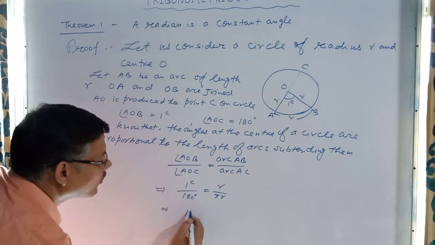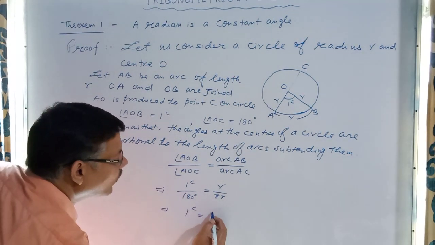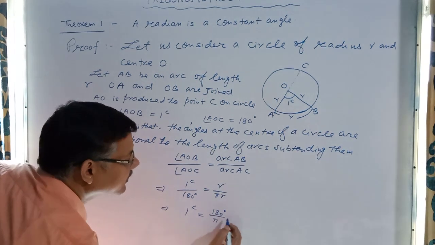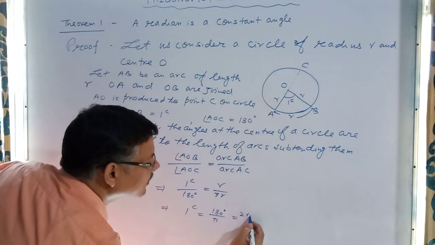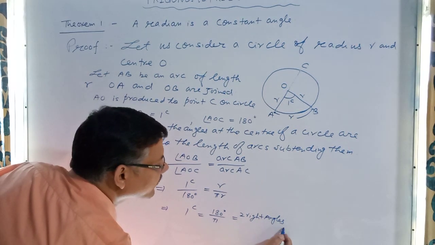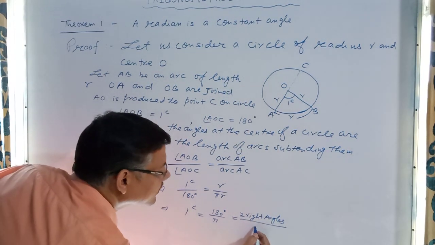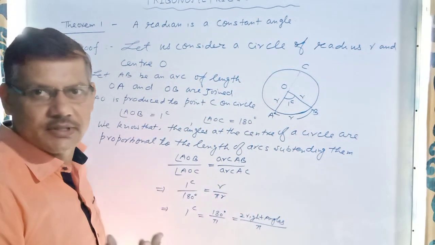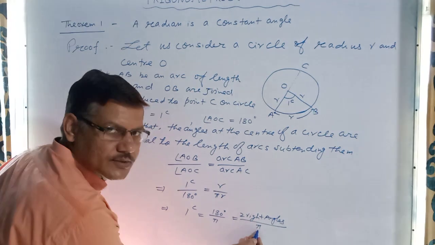It implies 1 radian equals 180 degree by pi. It is equal to 2 right angles divided by pi. Since one right angle equals 90 degree, that is a constant. At the same time, pi is also a constant.